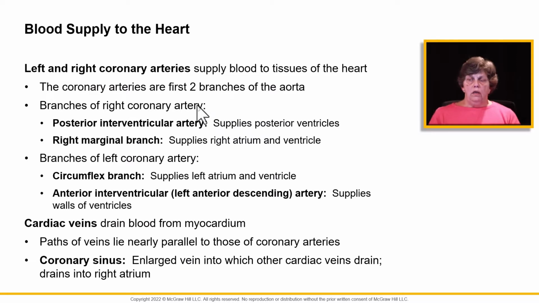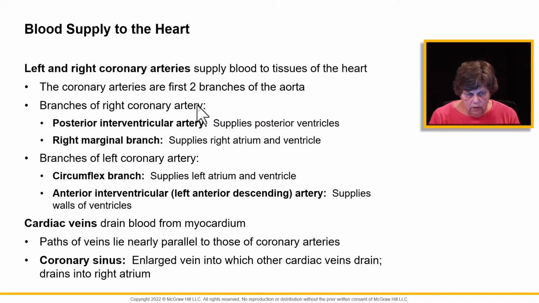Now, the first branch off the aorta has to feed the heart. So those are the coronary arteries. That is the blood supply to the heart to make sure that it keeps oxygenated. Basically, the branches, you can see them: the posterior interventricular artery, the marginal branch, the circumflex off the left, and the anterior interventricular.